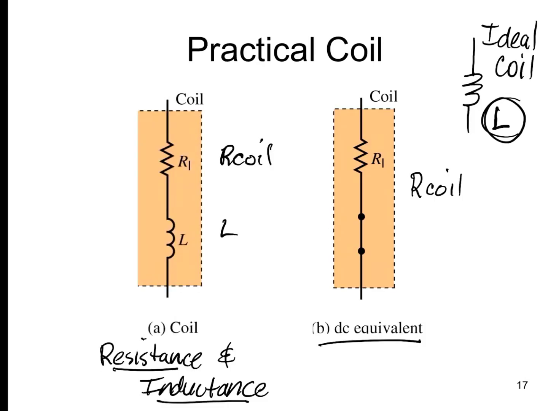Now, just want to talk about practical inductors for a moment, and that is when we look at a practical coil or a practical inductor, just like we had a practical source or a practical conductor in a circuit where we had to consider values that are beyond its ideal values, it's the same when it comes to a coil. So for an ideal coil, the only quantity we need to deal with is its L value, right?